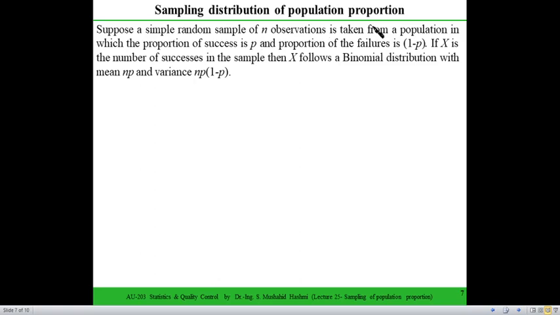It means you are dealing with a simple random sample. This random variable has the same features as the binomial random variable, where you have two possible outcomes: either a success or not a success. Not having a success is called a failure. If the success proportion is p, then the failure proportion is 1 minus p. If x is the number of successes in the sample, then this random variable follows a binomial distribution.